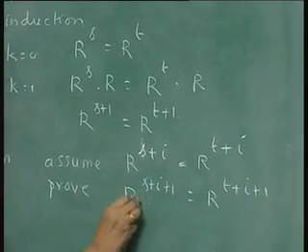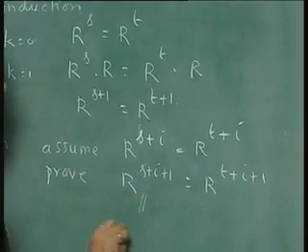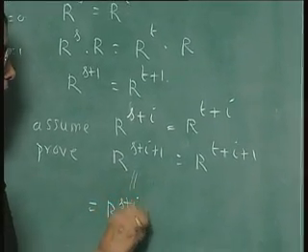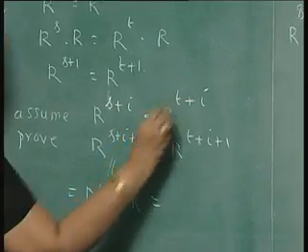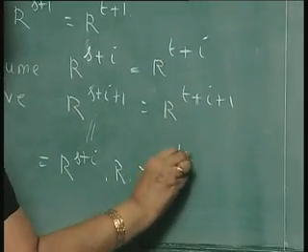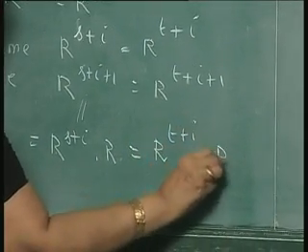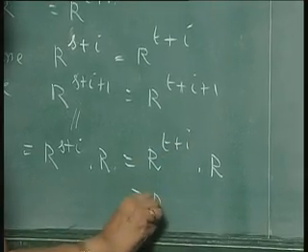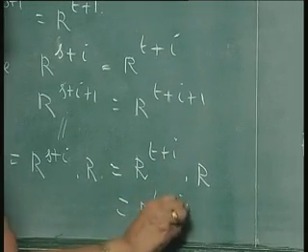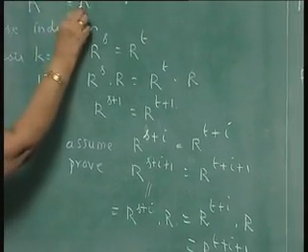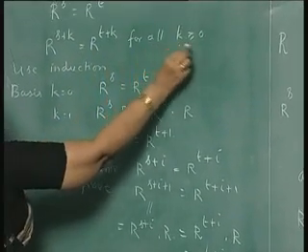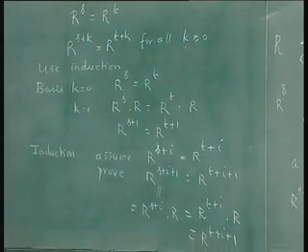You know that this is equal to R power S plus I into R, and because R power S plus I is equal to R power T plus I, you can write it like this, and this is nothing but R power T plus I plus 1. So, R power S plus K is equal to R power T plus K for all K greater than or equal to 0.